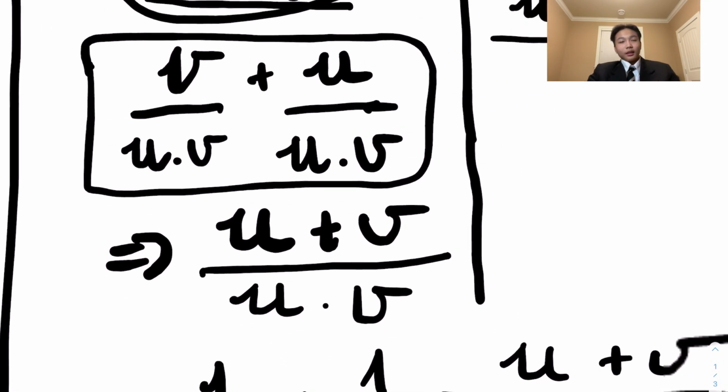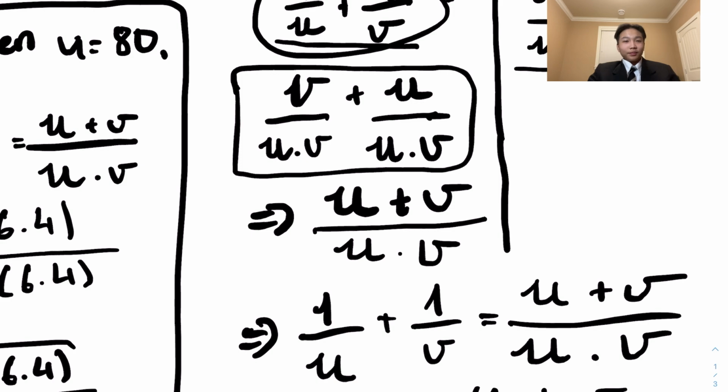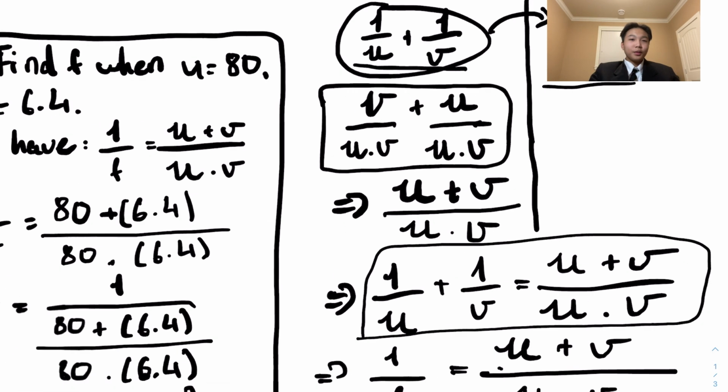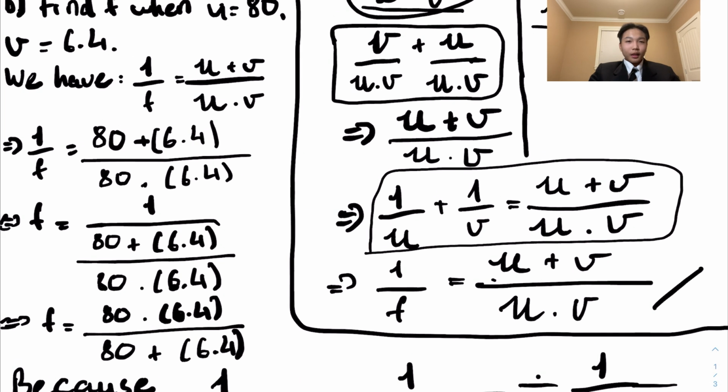In conclusion, because 1 over u plus 1 over v equals u plus v over u times v, 1 over f equals u plus v over u times v, and part A is done.